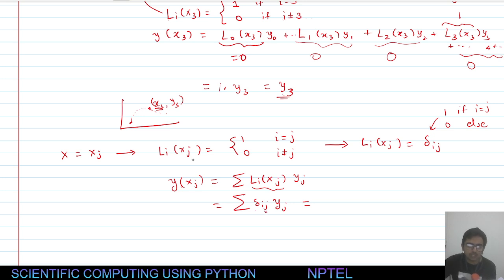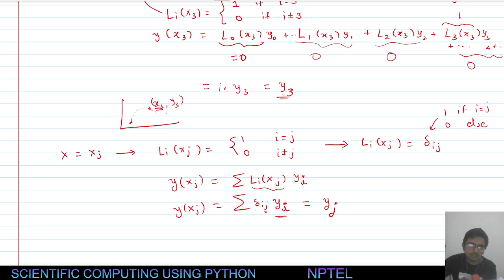So whenever j is equal to i, this term will survive. Otherwise, all the rest of the terms will get killed. Oh wait, this should be yi, and this i is summed over, so I get yj. So y of xj is equal to yj.